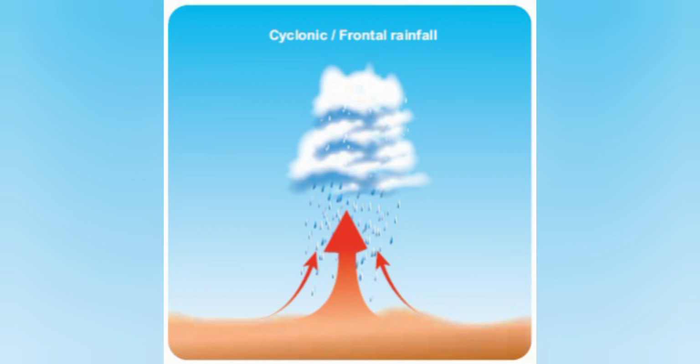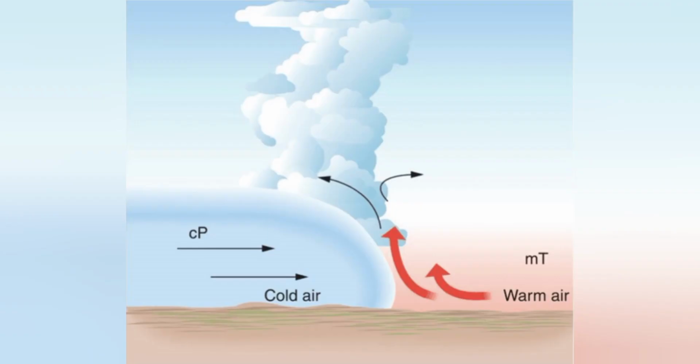Thus, the cold and heavier air mass from the high pressure zone is attracted towards the vacuum created in the low pressure zone. Thus, there are two air masses involved. The warm air mass, which is less dense, rises gradually over the cold air mass, which is very heavy. As this warm air mass rises, it starts cooling down and also condenses, and rainfall happens because of the saturation point which is reached.